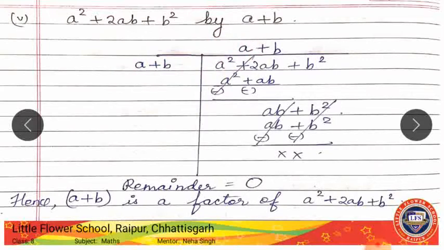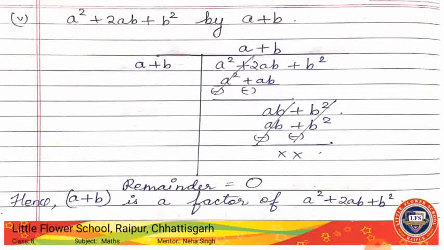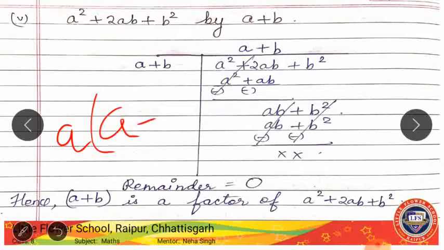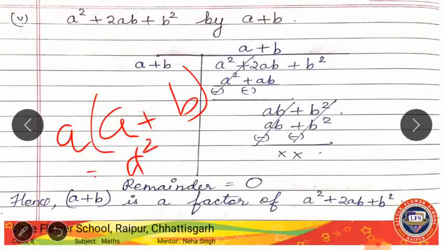Now this a will be multiplied with a plus b. a into a is a square plus ab, right? So we'll write a square plus ab here.